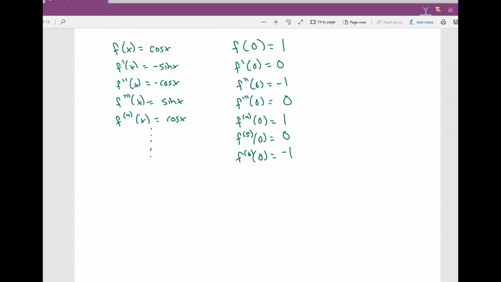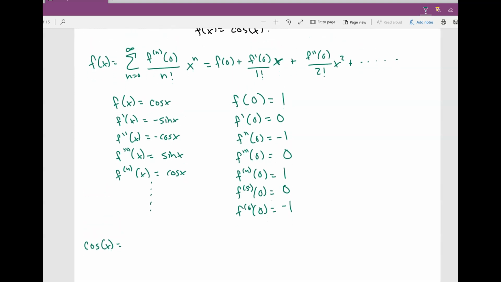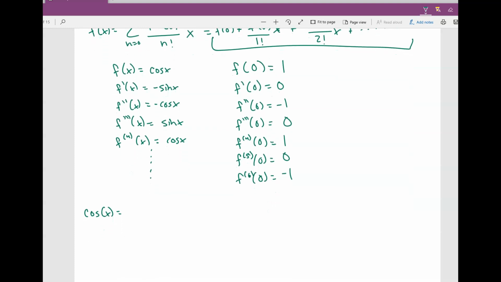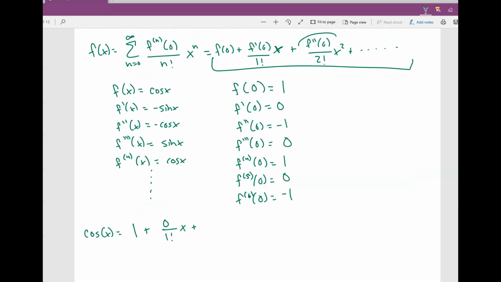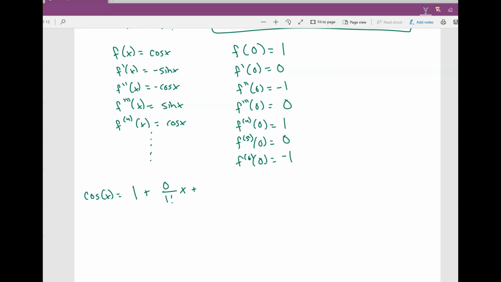So let's go ahead and figure out what cosine of x should be. So cosine of x is going to be equal to all of this stuff, right? So let's go ahead and plug this thing in, okay? So f of 0 starts off with 1 plus f prime of 0, that just gives me 0 over 1 factorial x, plus now we're going to do f double prime of 0, that's going to give me negative 1 over 2 factorial x squared, plus now the next one's going to be 0 over 3 factorial x cubed.